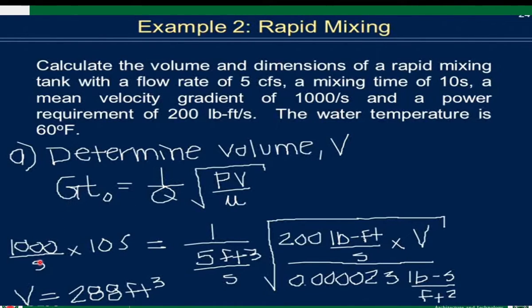So your G is 1000 per second, your T sub O, the mixing time, is 10 seconds, and your Q, the average daily flow, is 5 cubic feet per second, square root of the power, 200 pound-feet per second, and your volume here is the unknown, all divided by the viscosity of water at 60°F. So by algebra, we can extract the value of V equals 288 cubic feet.